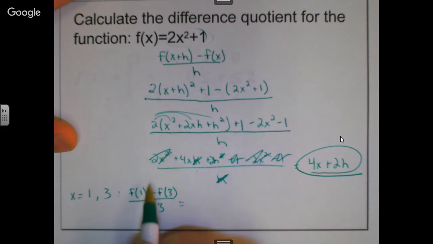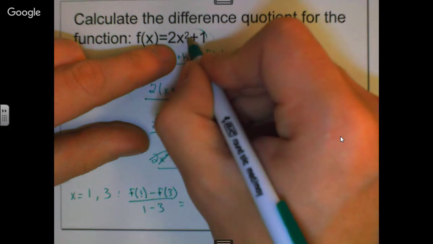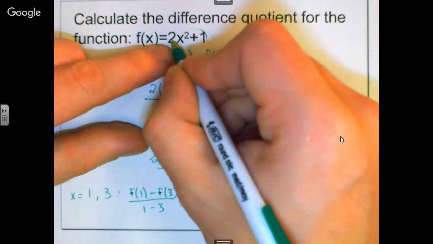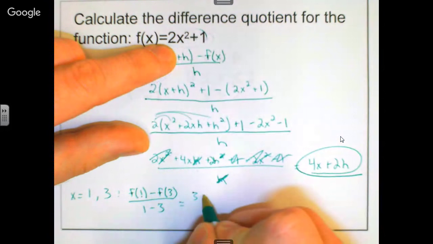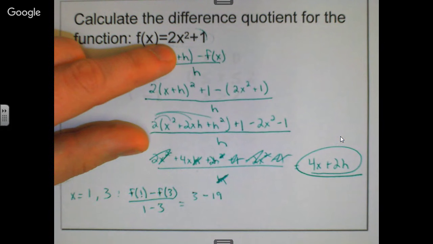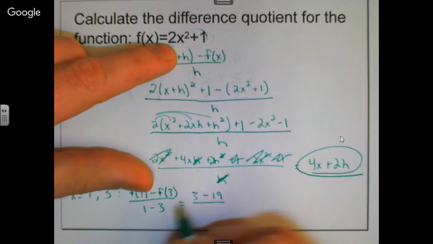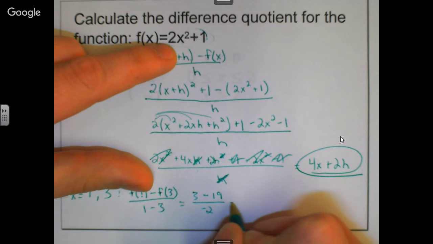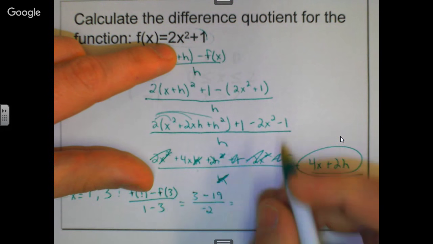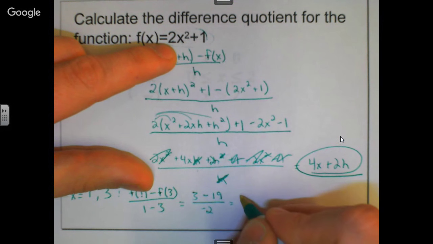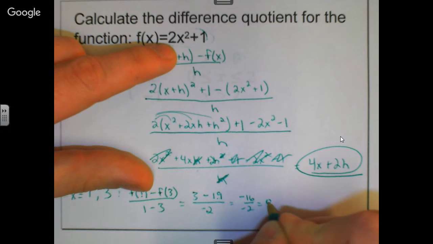So 1 squared is 1 times 2 is 2 plus 1 is 3. 3 squared is 9 times 2 is 18 plus 1 is 19, over 1 minus 3, which is minus 2. So 3 minus 19 is negative 16 over negative 2 is 8.